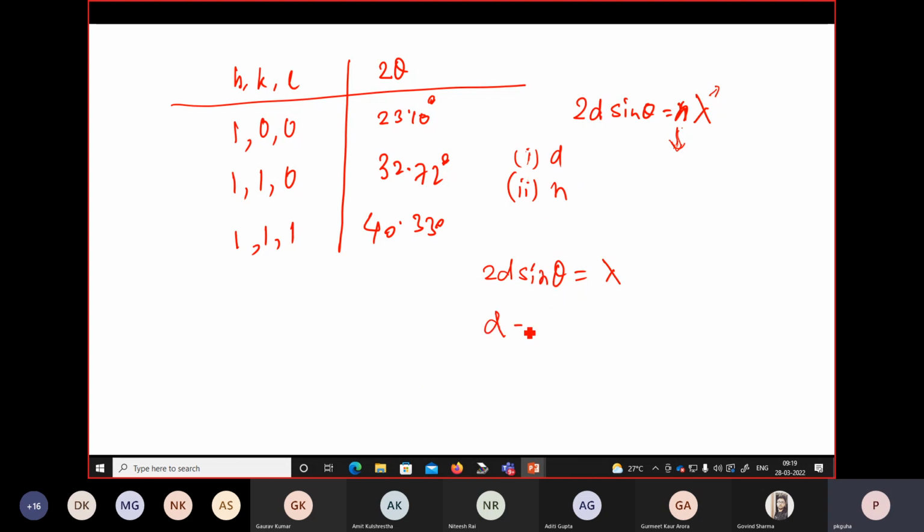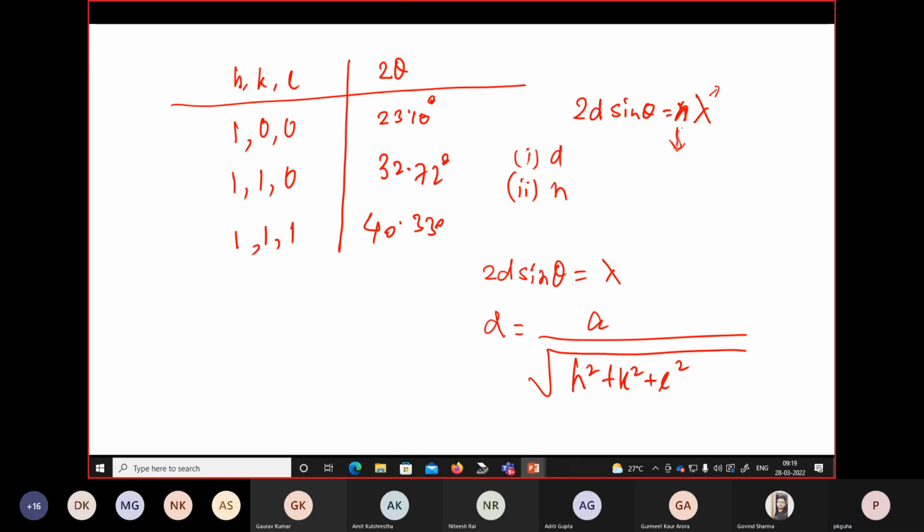Also there is another formula, as I already mentioned, d equal to lattice constant a over the square root of h square plus k square plus l square. So if all peaks are because of n equal to 1, then the peaks correspond to different values of d, that is different values of crystal planes.